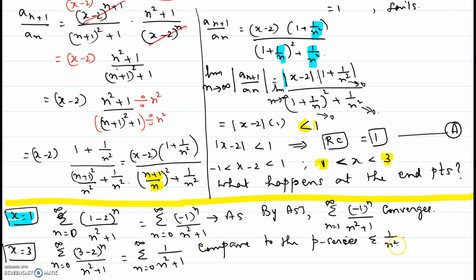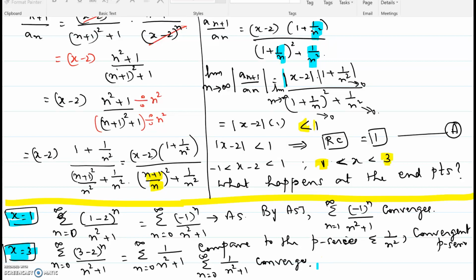As the p series is convergent when p is more than 1, sigma 1 over n squared plus 1 also converges. So we notice that at x equal to 3 the series is also convergent.